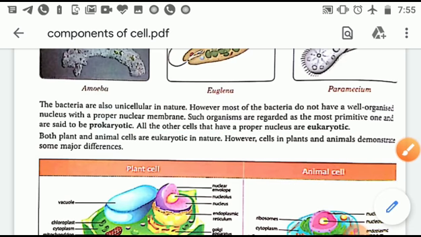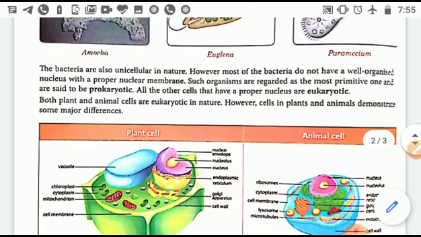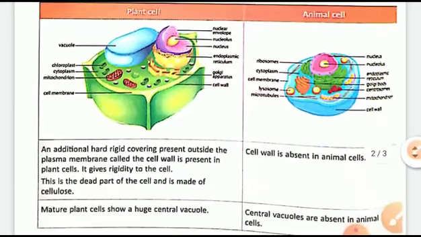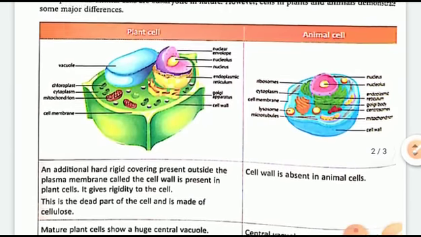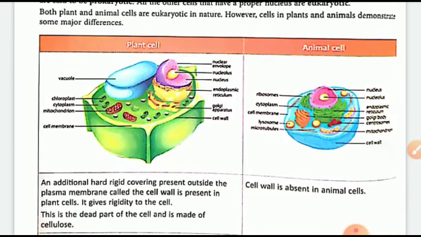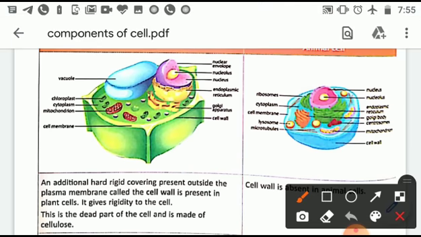However, cells in plants and animals demonstrate some major differences. There are three or four main differences. In common, they have the cell membrane, nucleus, mitochondria, Golgi complex, endoplasmic reticulum, etc. But plant cells have a fixed shape, provided by the cell wall.